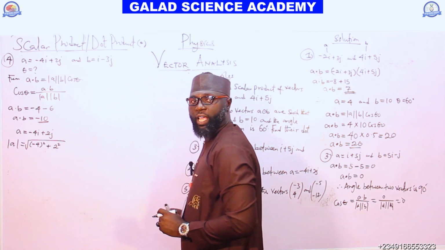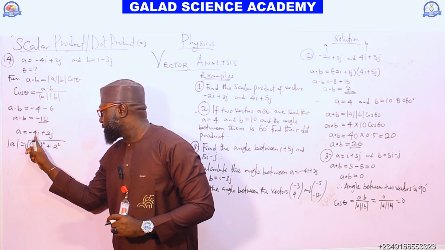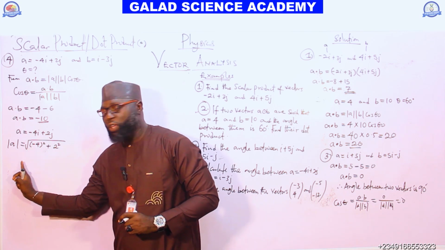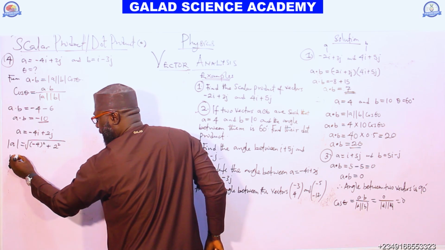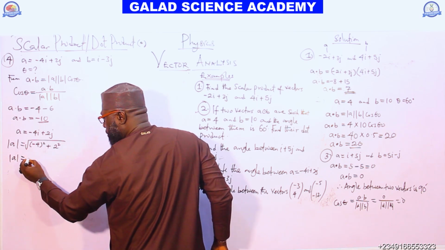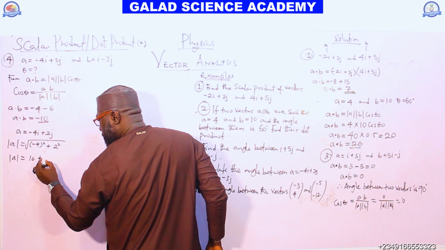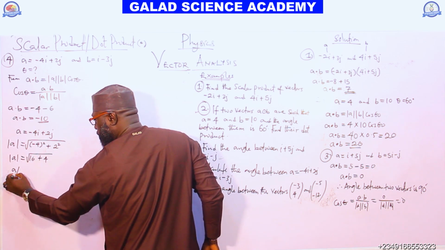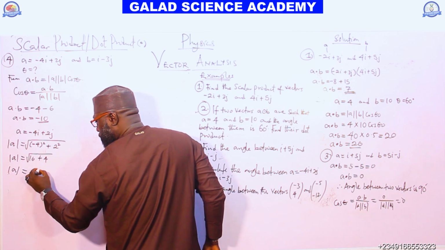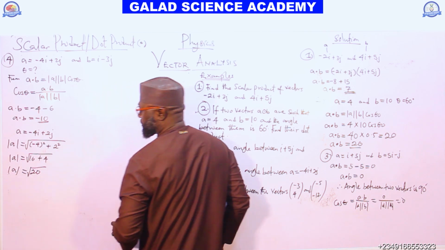That's the meaning of A magnitude: square these, find their square root, and it gives you the magnitude of vector A. This square will give you 16, this square will give you 4. Add them together, and the magnitude of A should be root 20.